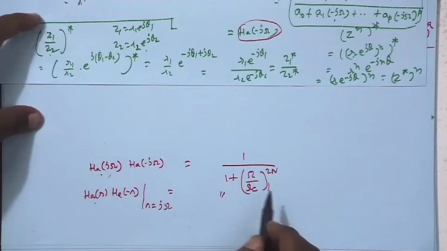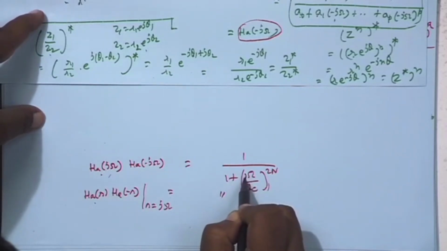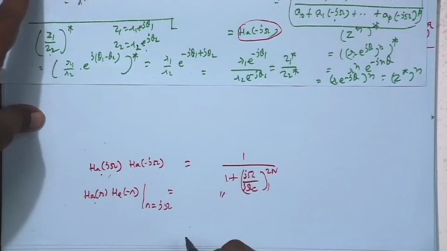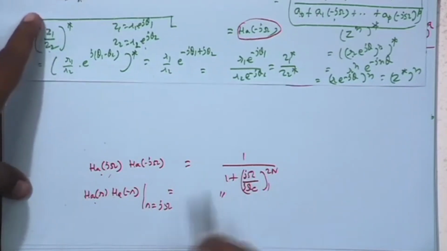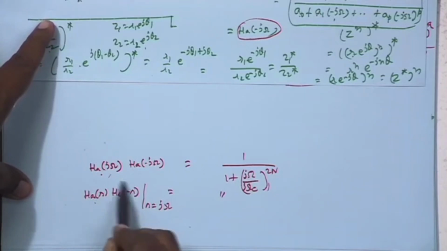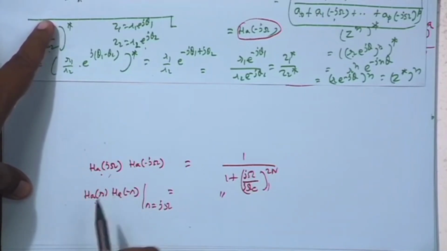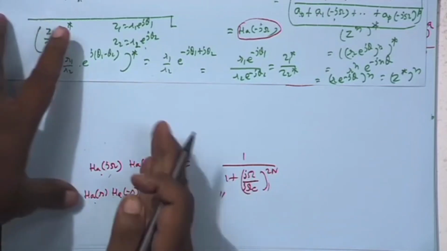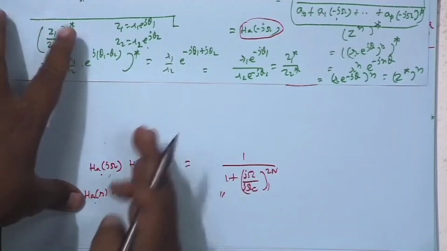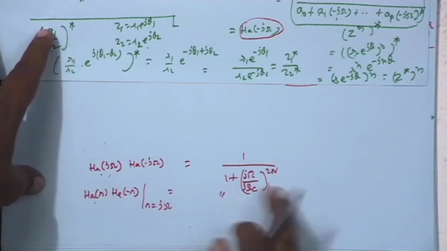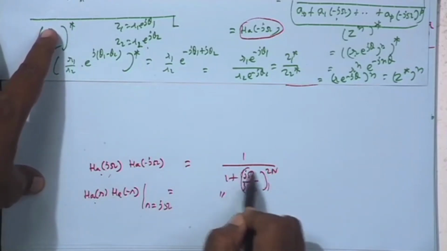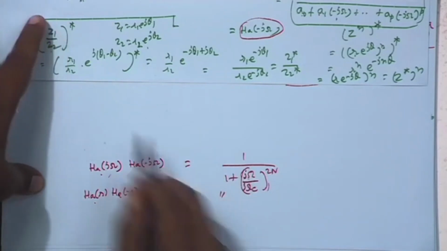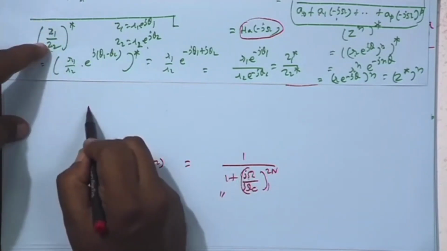From this, but this I can write as j omega by j omega c. So, j and j cancels. Okay. So, h a s into h a minus s, which is a function of s, there if I replace s by j omega, I get this. So, what is this function h a s into h a minus s? That s replaced by j omega, I will get this. So, that means instead of j omega, I should have had s. There only if I replace s by j omega, I get this. That is, I am going backward.